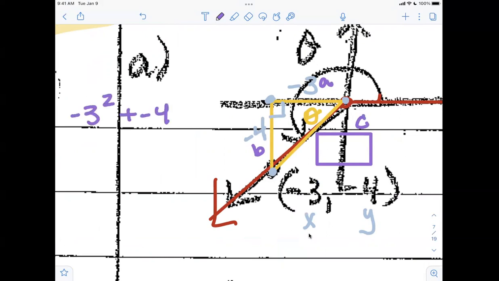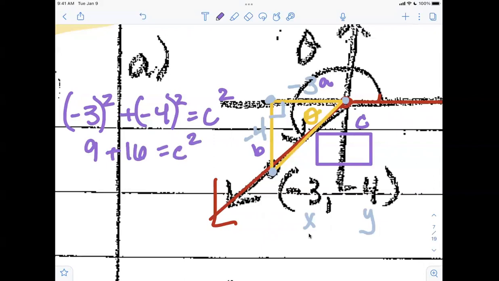So I'm going to do my work over here. (-3) squared plus (-4) squared equals c squared. Put little parentheses around your negatives because any number squared is going to be positive. So I get 9 plus 16 equals c squared. Add those together, I get 25 equals c squared.